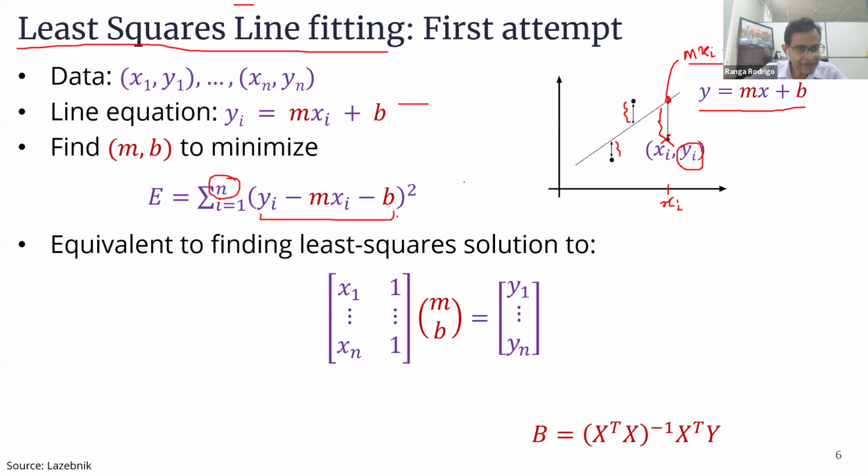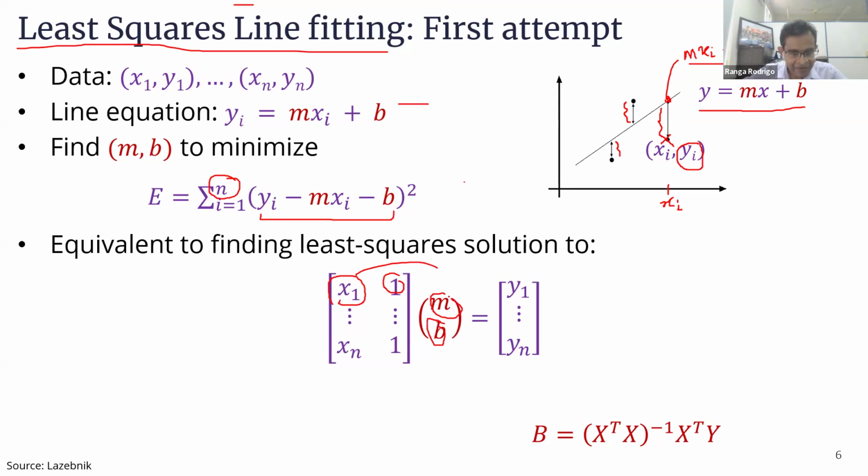If you take the first row, x1 multiplies m, 1 multiplies b.